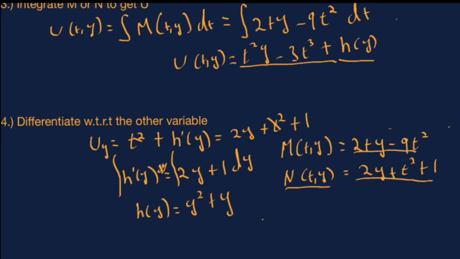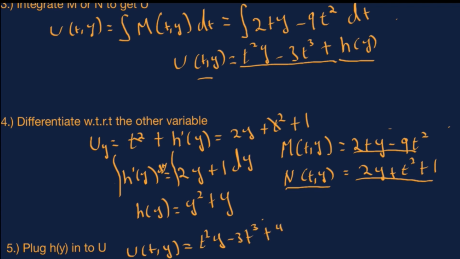And so next, all you need to do is just plug h of y back into u. And so when you do that, we get u of t and y is equal to t squared times y minus 3t cubed plus y squared plus y.